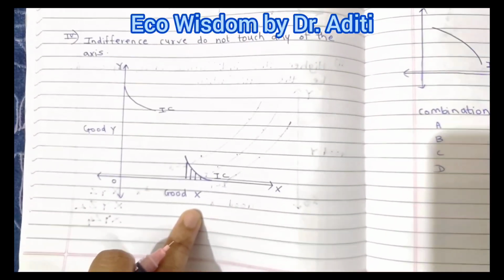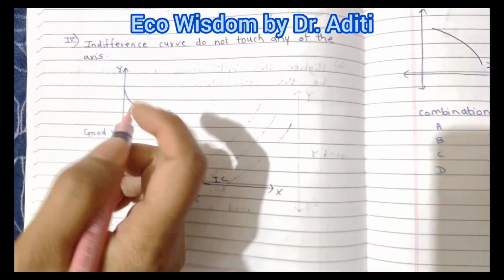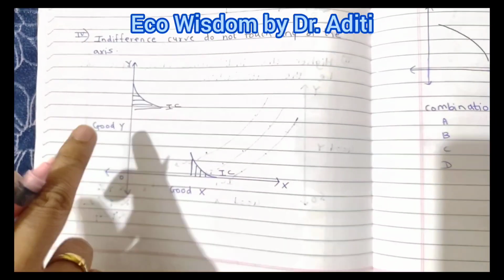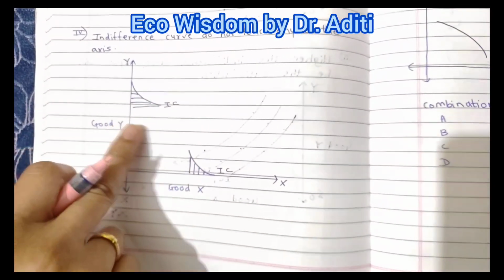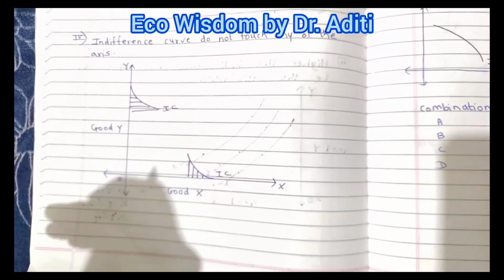So it only talks about one commodity, commodity x, and here this other indifference curve talks about commodity y. So both of them discuss only one commodity, which is not what an indifference curve is.